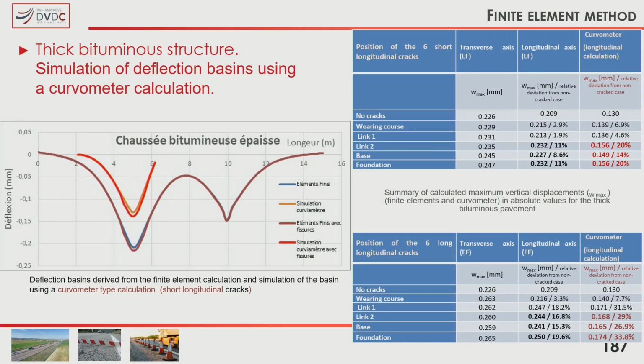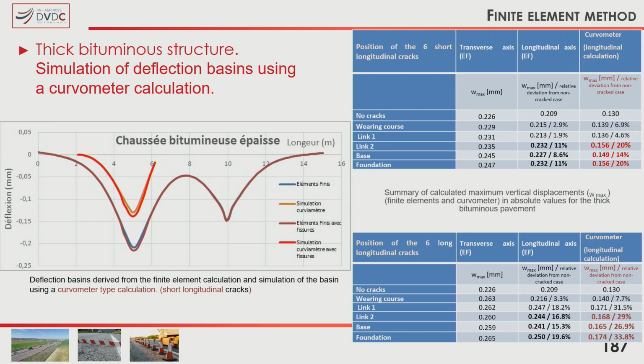We also simulated longitudinal cracks on the entire thickness of the layer. So we had the deflection basins derived, and we have 2 types of curvometer measures for the basin, a 0 deflection and a 3-meter tangential deformation.